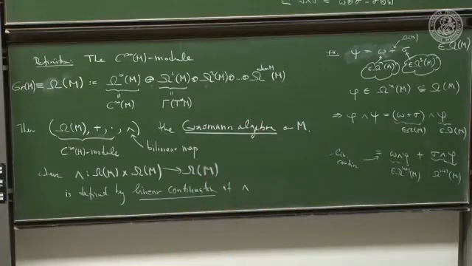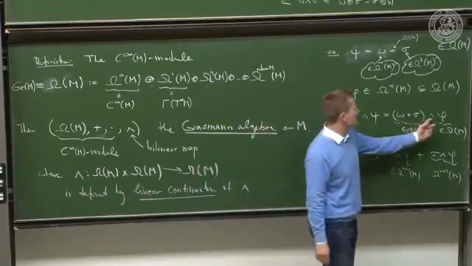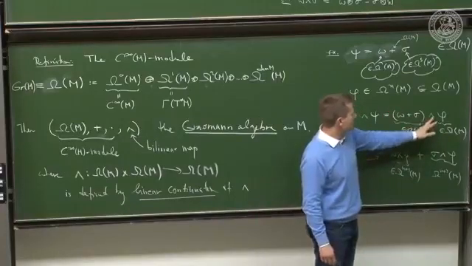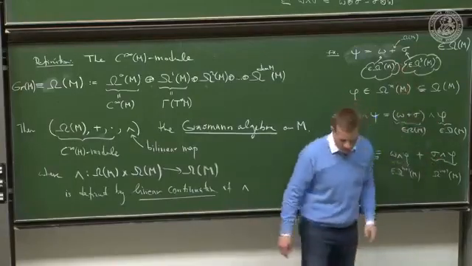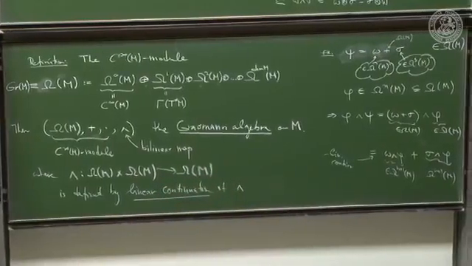Okay, and if you work with this, you say, ah, well, this is distributive because this is bilinear, but the question is always bilinear where? This is bilinear on omega of M, and you reduce this to the wedge on specific subsets by linear continuation. Okay. There's no secret there.